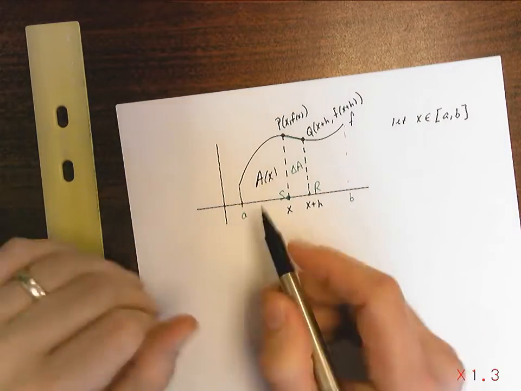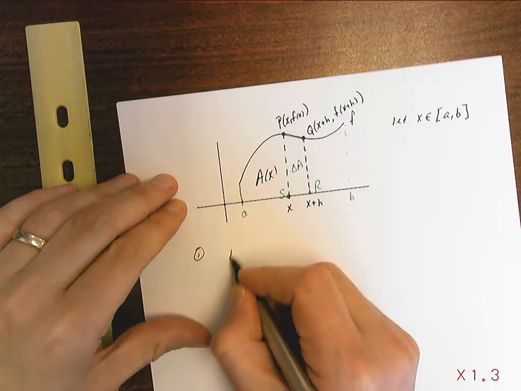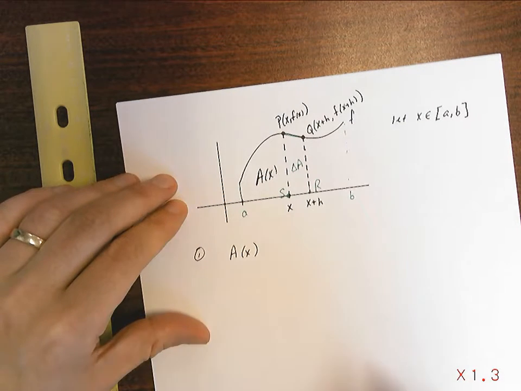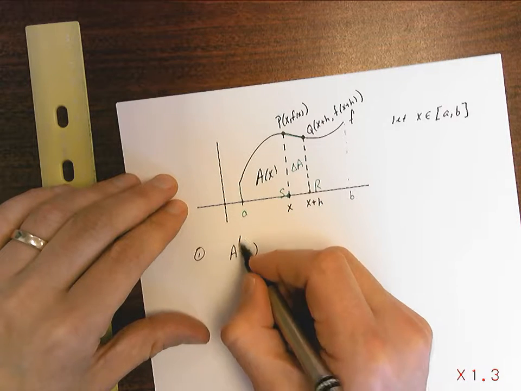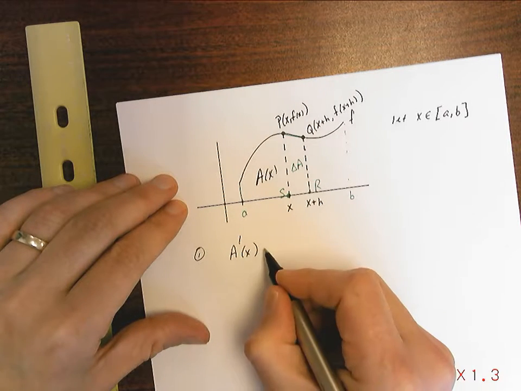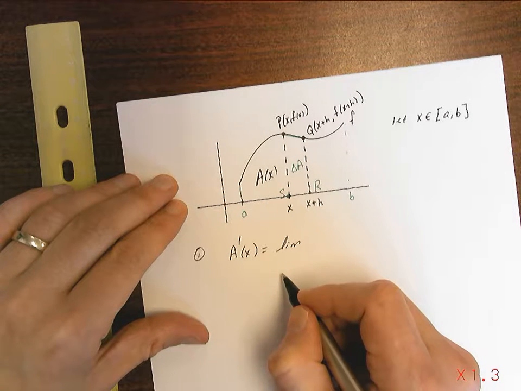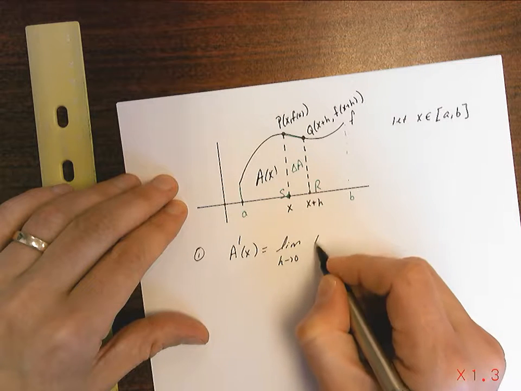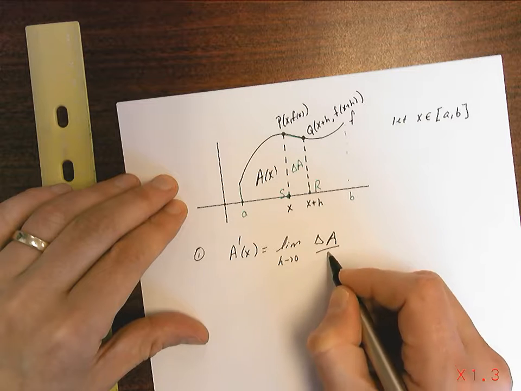Now, let's do a little bit of a thought idea here. I'm going to do two different ideas and then link them together. So the first concept is, let's look at this area function. Now, if I was to take the derivative of the area function, by definition, that would mean the limit as h approaches 0 of delta A over h.